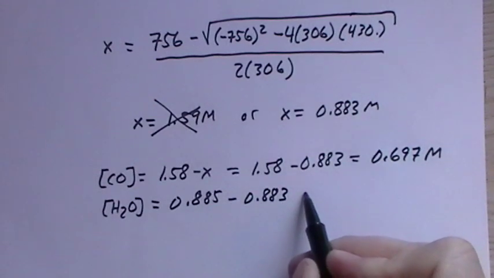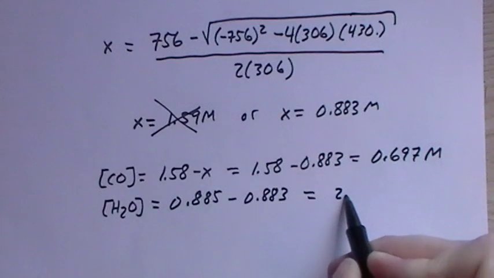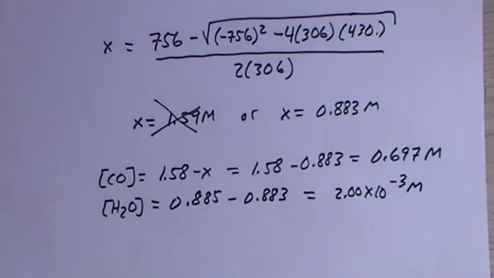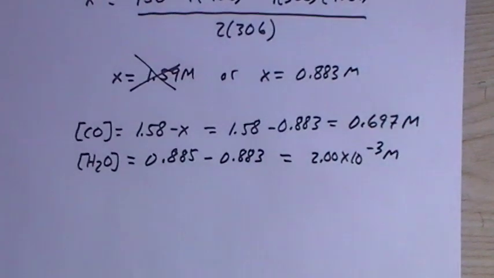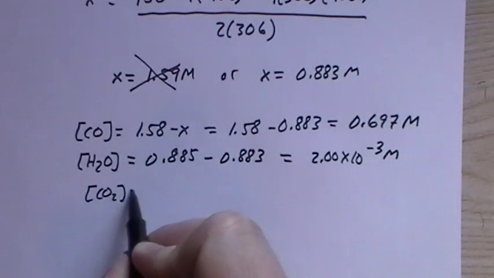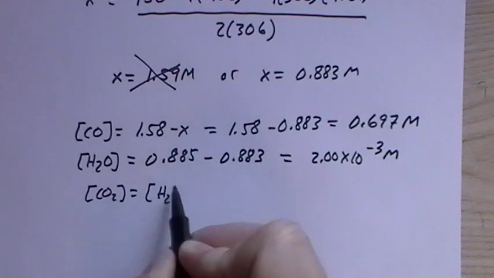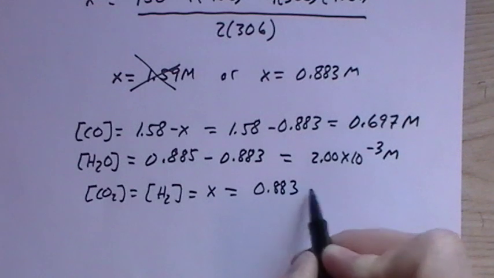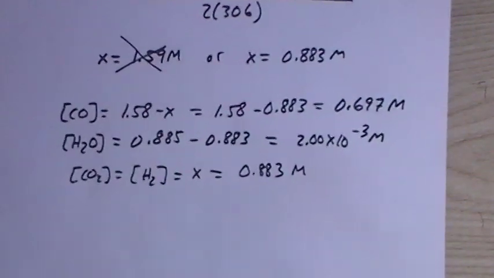Now, this is going to come close to being 0, but it's still larger. It just means that most of it was used up. And then the concentration of CO2 and H2, those were just equal to x, and x we found to be 0.883 molar. Those are the concentrations.